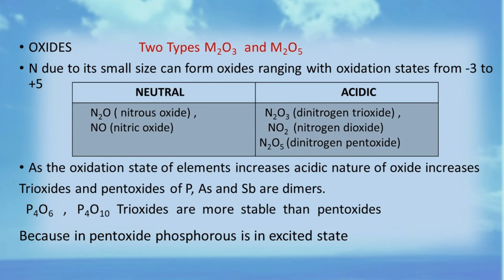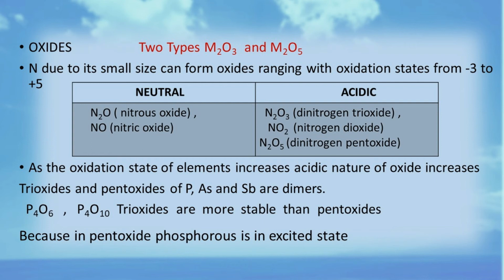Coming to oxides, group 15 elements basically form two types of oxide, having the general formula M2O3 and M2O5. But nitrogen, being the first member, can form a whole lot of oxides from +1 to +5, and that is basically because of its small size.